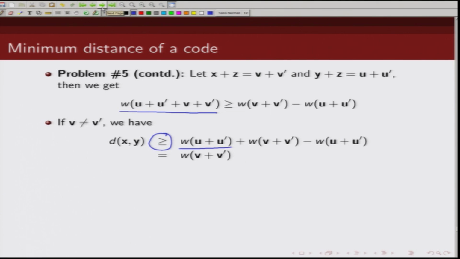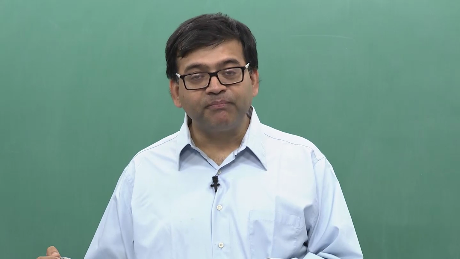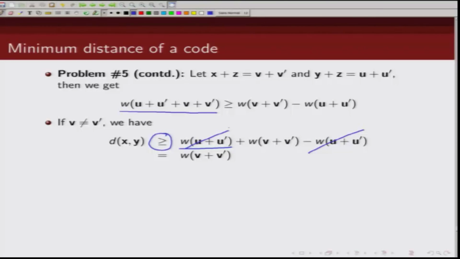So, we write it here. Now, this can be further written as the Hamming weight of v plus v prime, because these two cancel out. So, what we have shown is that when v is not the same as v prime, the Hamming distance between x and y is greater than or equal to the Hamming weight of v plus v prime.